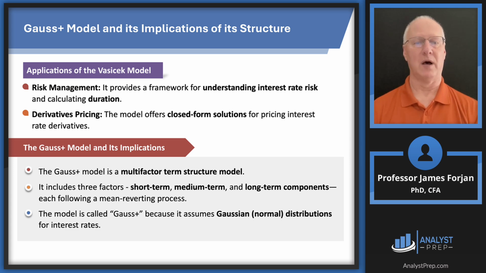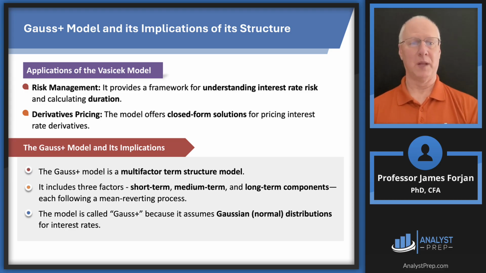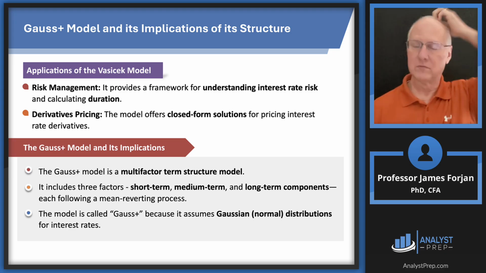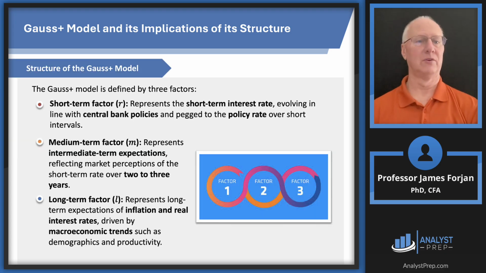So the Gauss plus model, it adds a medium-term factor and a long-term factor. We're calling it the Gauss plus model because we're relying on all that normal distribution stuff, but we're also adding some extra factors, which could be considered one of those risk factors that we talked about in lots of those other chapters.